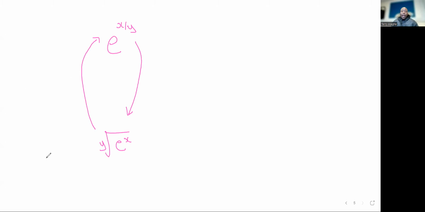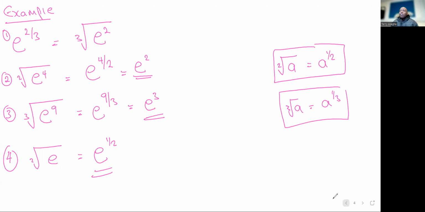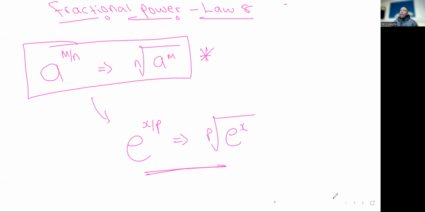All right? It's a very, very easy and straightforward rule. Similar to the laws of indices we talked about in the previous videos, where we have the nth root of a to the power m, the same thing. When you have the exponent, the number at the bottom is the root, while the other number there is the power.